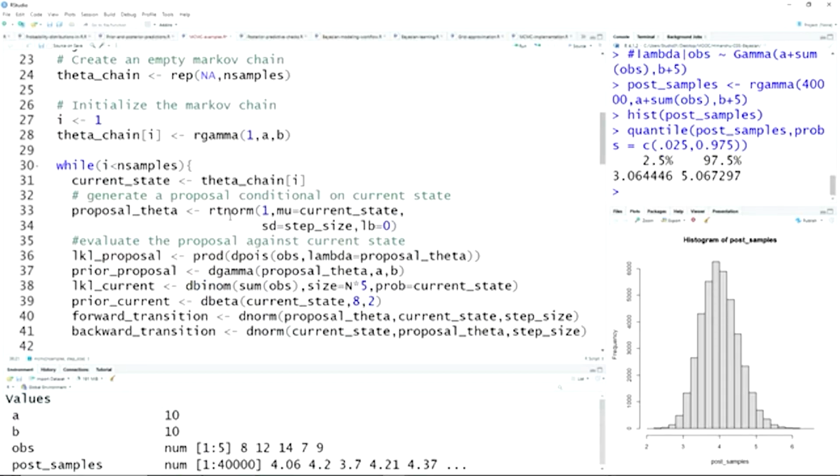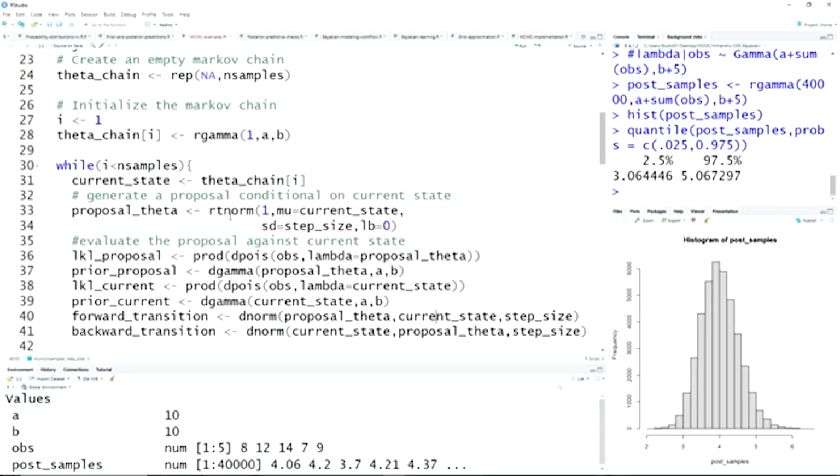Basically, you can use the same statement, but for the current state of the chain. Not for proposal theta, but for the current state of the chain. And here it would be dgamma, current state, a, b. Okay.